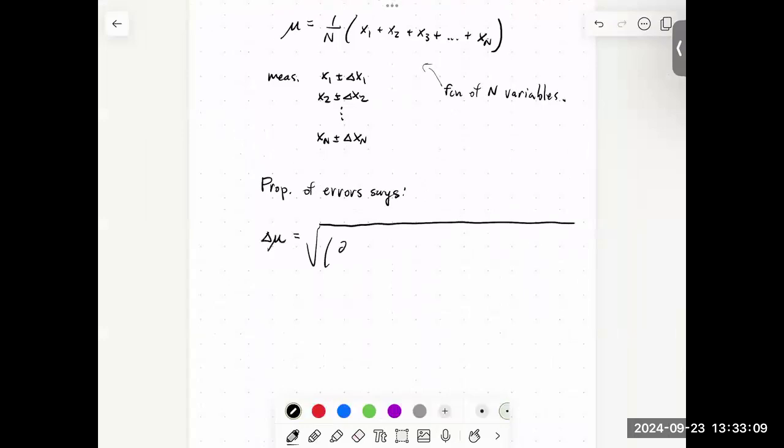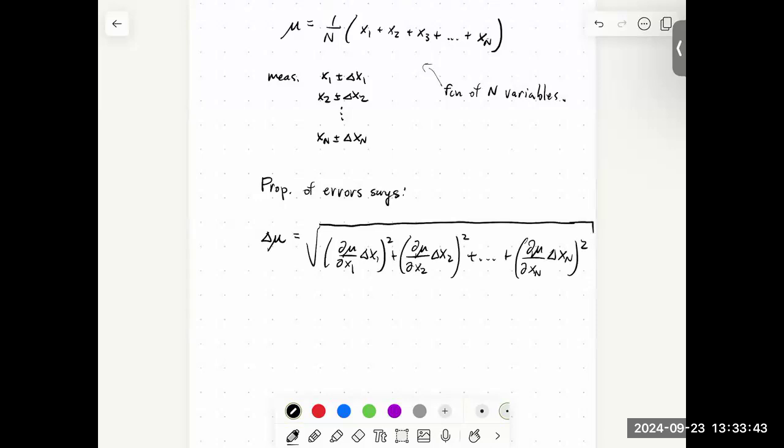So we have delta mu is equal to the square root of: the derivative of mu with respect to our first variable x1 times delta x1, squared, plus the derivative of mu with respect to x2 times the uncertainty in x2, squared, and we go all the way up to the nth value of x. Okay, so there it is.